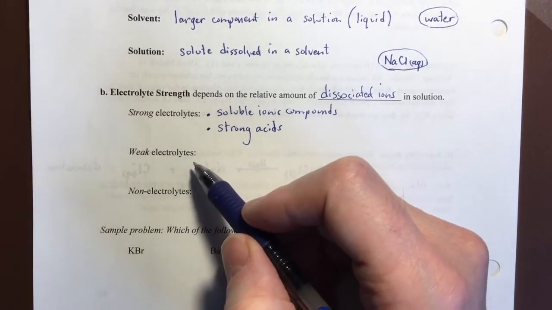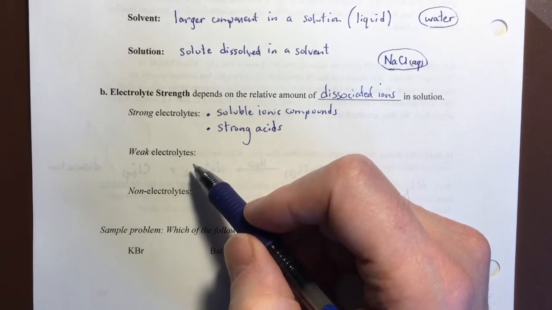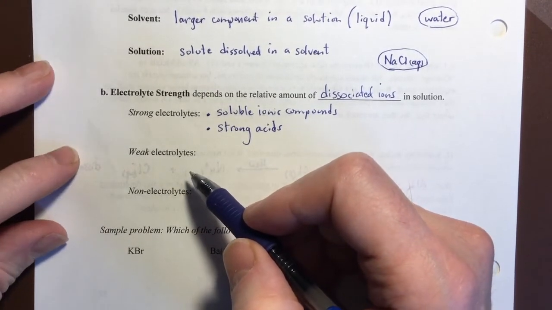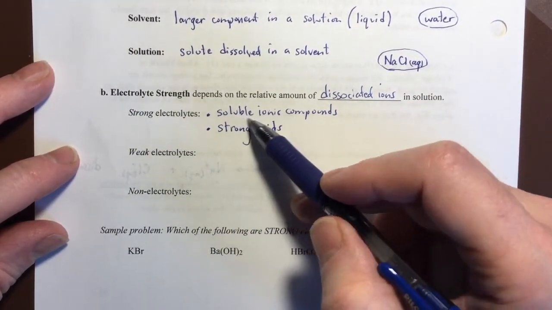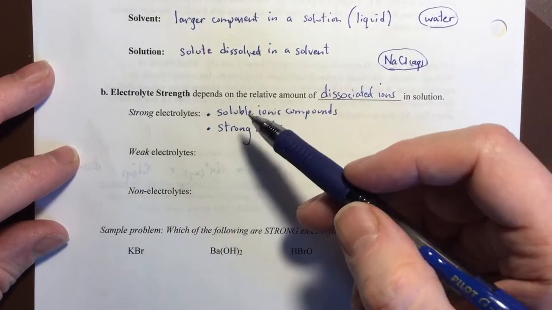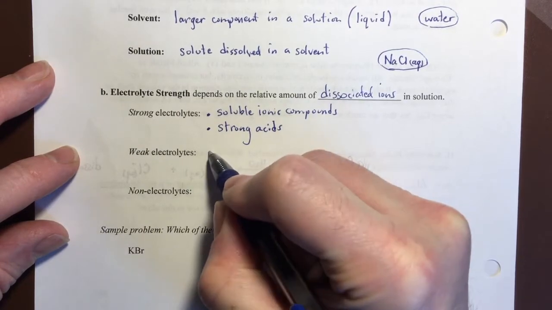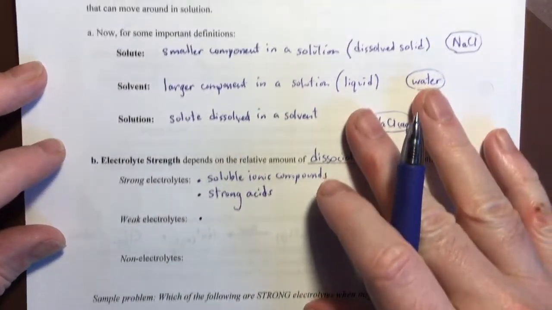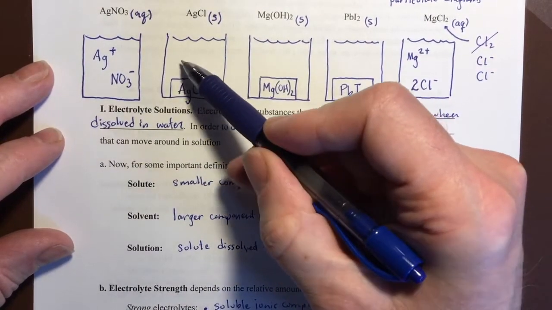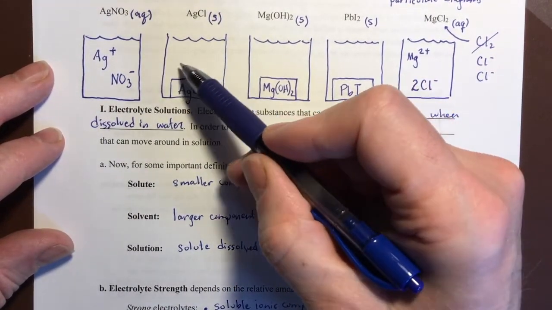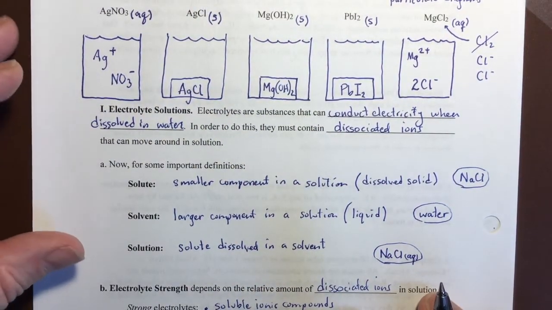weak electrolytes, that means that I have some dissociated ions in solution, but not many. So I gave you a clue up here. Soluble ionic compounds give us a lot of dissociated ions. But insoluble compounds, remember when we were talking about how insoluble compounds still have some dissociated ions in solution? Because everything is soluble to some degree.